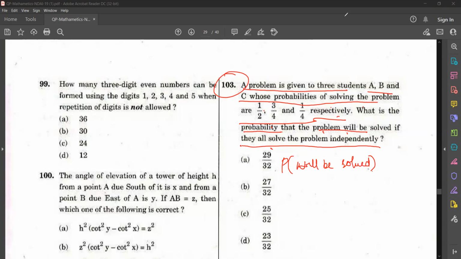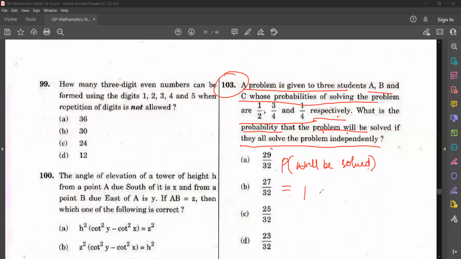Any idea? Did you get the answer? Once you get the answer, comment it. This same question is repeatedly asked. This was a previous year question. So, the probability that the problem will be solved.